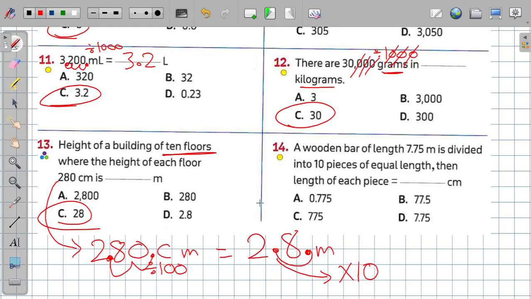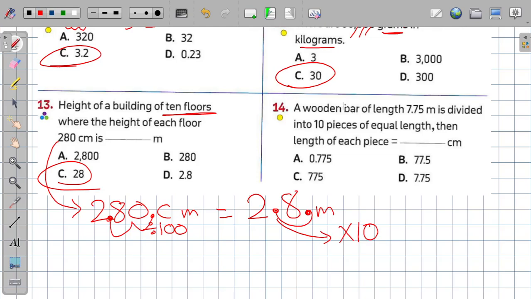Next, I have a wooden bar of length 7.75 meters is divided into 10 pieces of equal length. Then length of each piece equals what? But remember, I want to convert the length of each piece to centimeter.